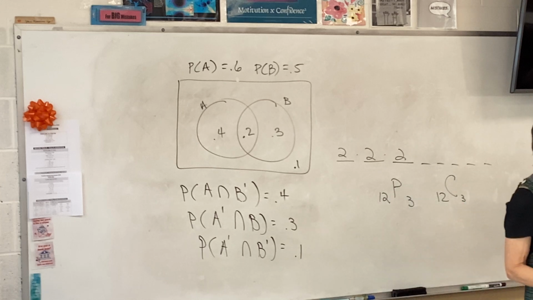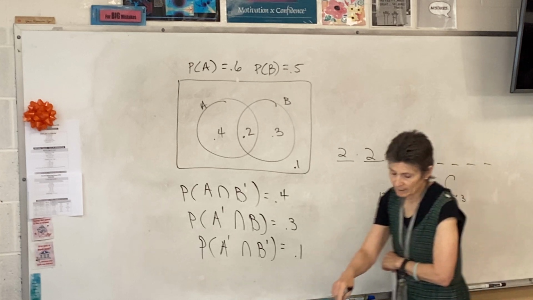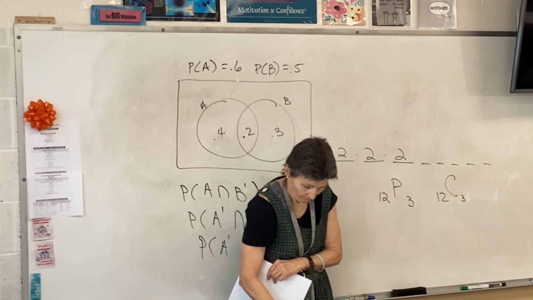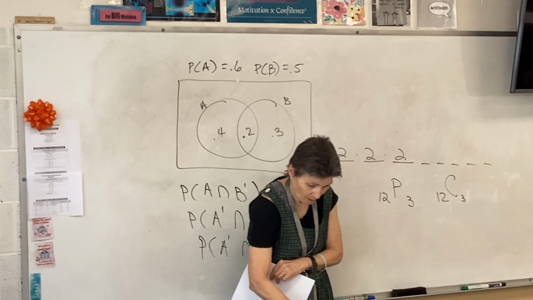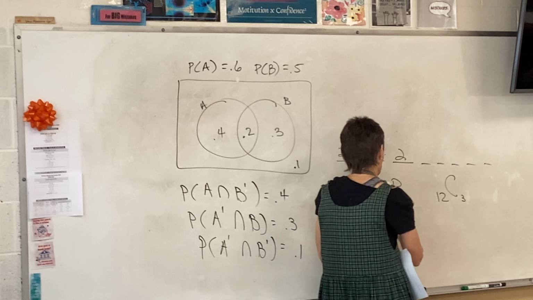Because order matters, because the prizes are different. If I were giving away 3 pencils, it would be 12C3. But since I'm giving away different prizes, it's 12P3. P button this time, 1,320.